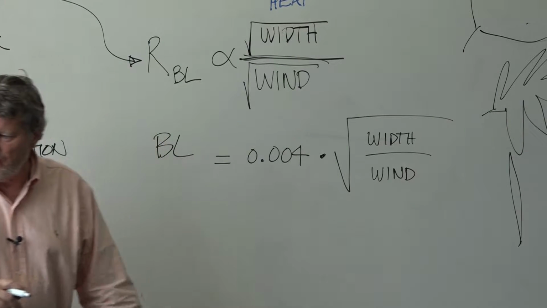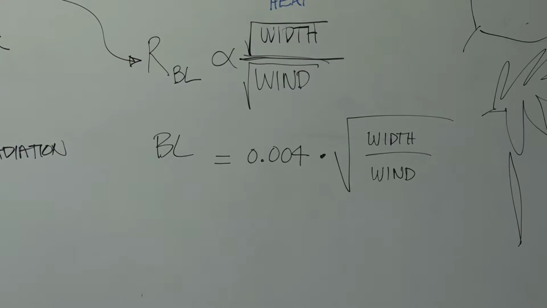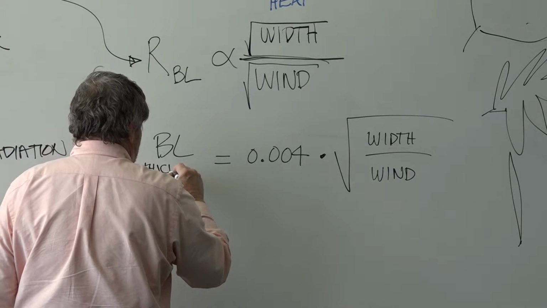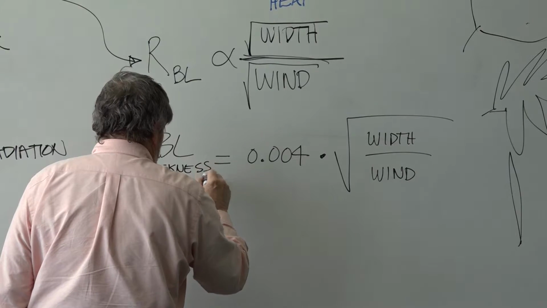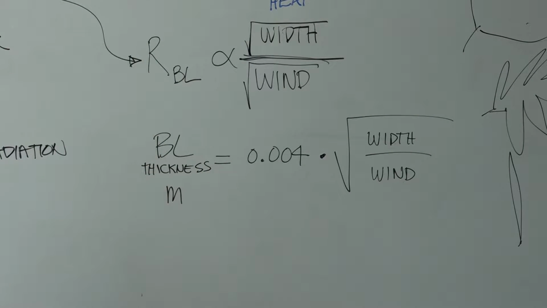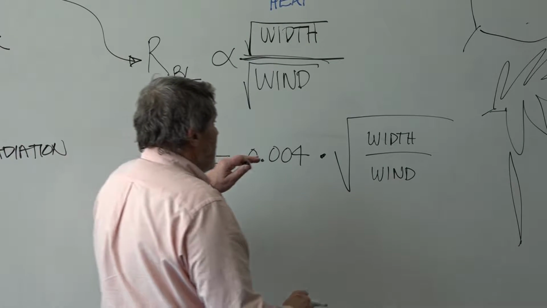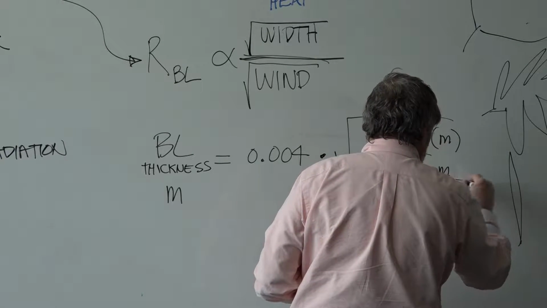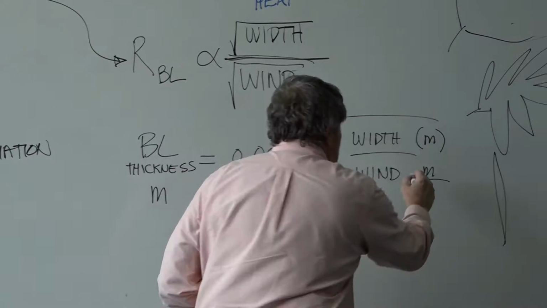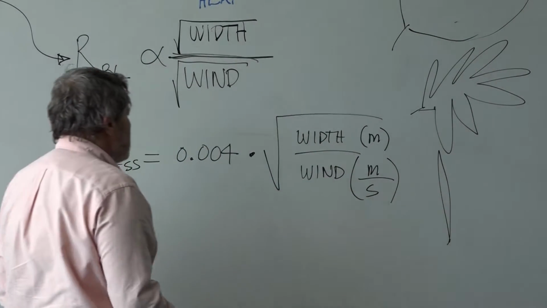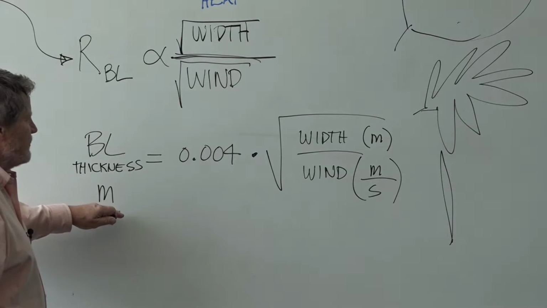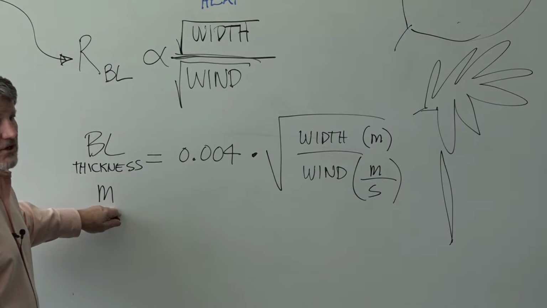And this, in these units, this is boundary layer thickness in meters. So it's going to be a small number, a real fraction of a meter. Width has to have units of meters, and wind is meters per second, which are the standard units you put those in. And this has units to make this all cancel to get to meters here.